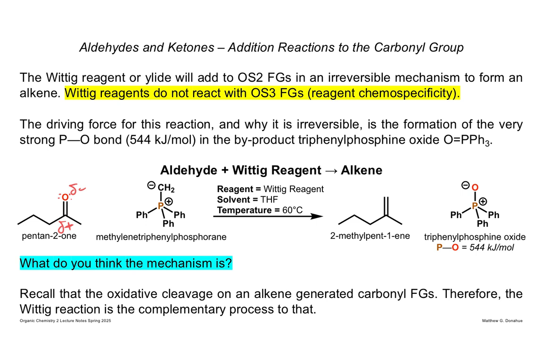So the ylide reagent, which is negative, is attracted to the positive. So that's going to attack. We form a carbon-carbon bond. And then what do we do after? How do we get rid of that oxygen? The pi bond breaks to negative oxygen. Oxygen gets negative, and then it's going to attack the positive phosphorus.